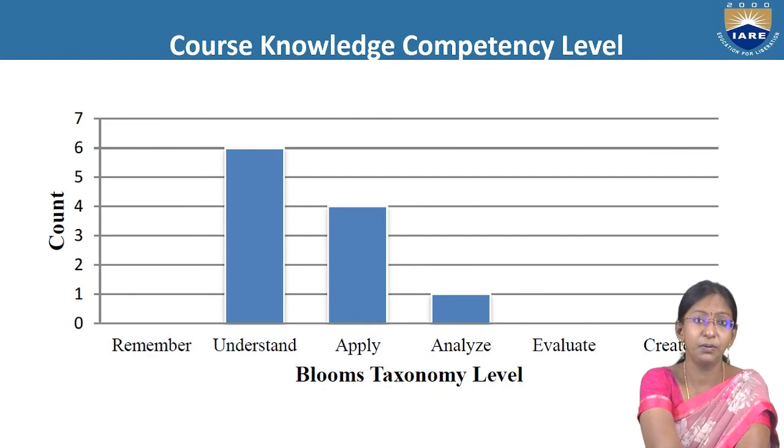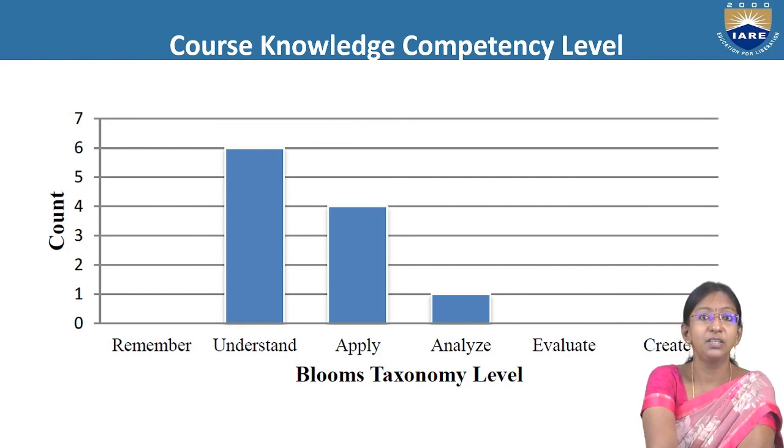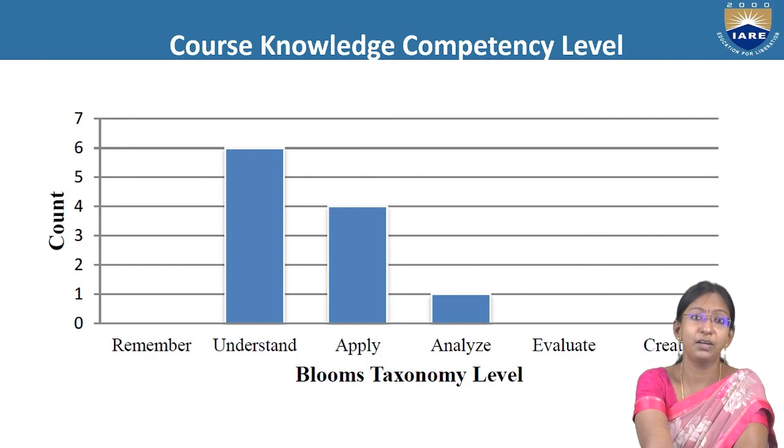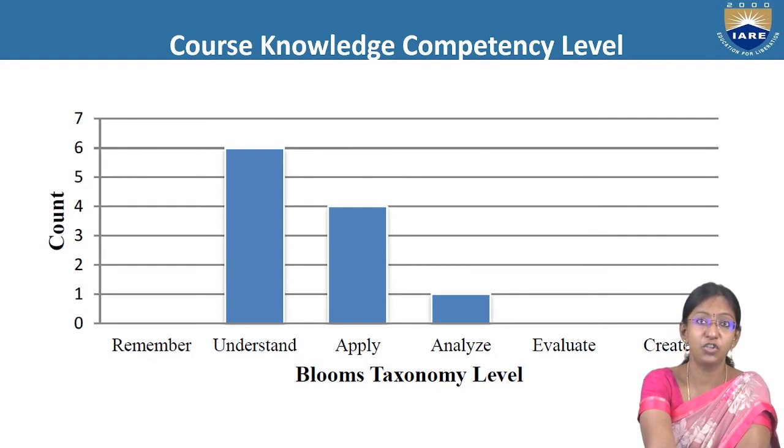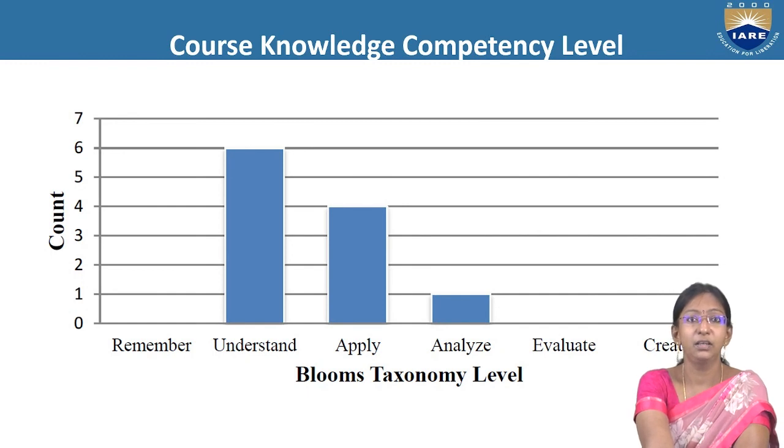Understand the concept, apply the operations, understand its applications, implement one of the real-time applications, and analyze what you have learned so far, right? So analyze is the third one, right? So these are the three Bloom's taxonomy levels which I am going to achieve when I learn data structures, right?